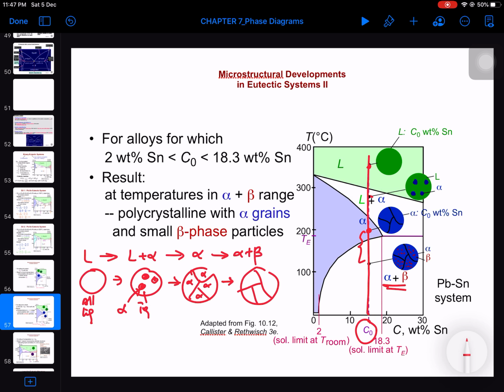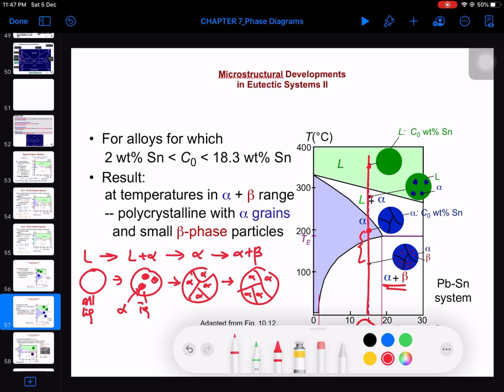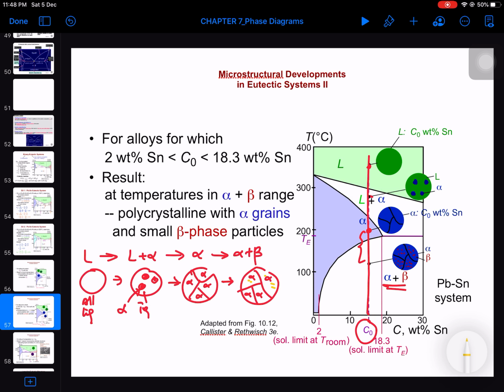So we will have alpha, which already solidified in the first place, and then we have flakes of beta coming in, the precipitations of beta. The flakes here are beta. So that's how the resultant microstructure looks.